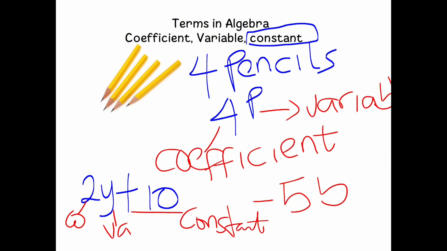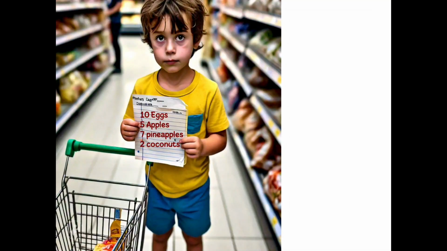Very good. Look at this boy holding a list of some items that he wants to get. We have 10 eggs, 5 apples, 7 pineapples, right? And 2 coconuts.